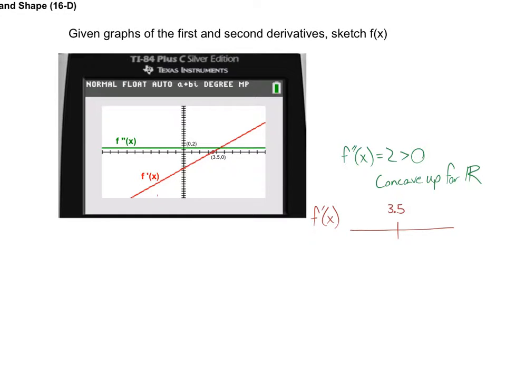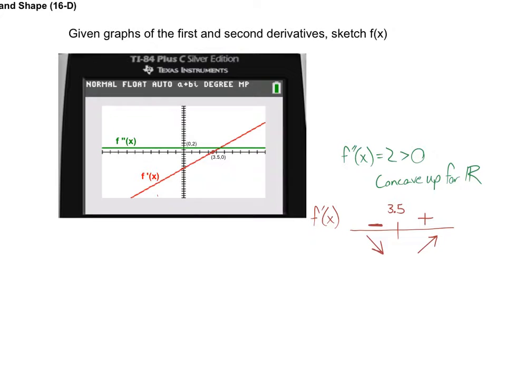To the left of 3.5, my derivative is negative, so I know the function is decreasing to the left of 3.5. To the right of 3.5, the derivative is positive, so the function is increasing.